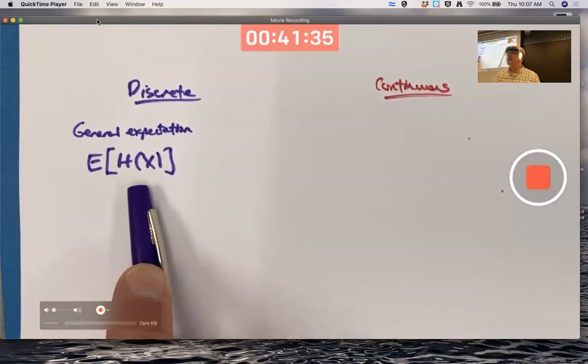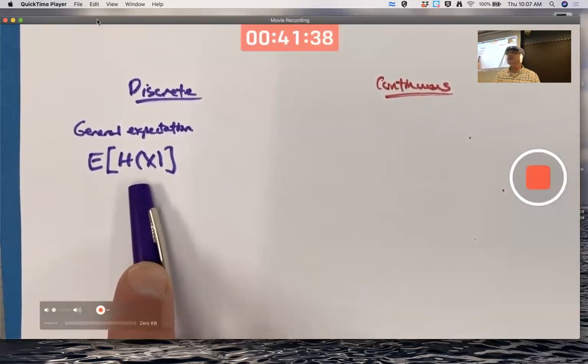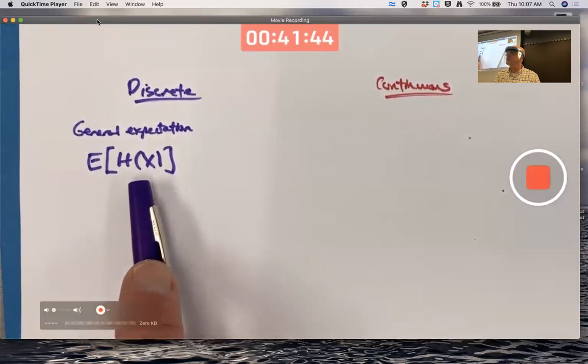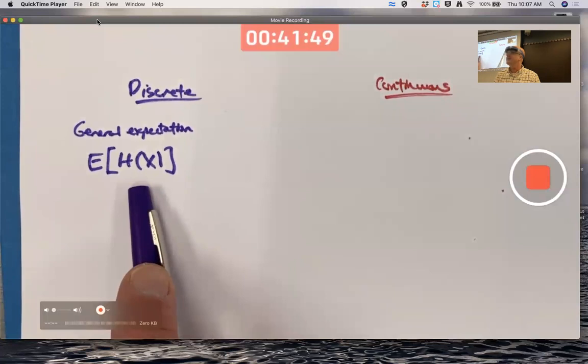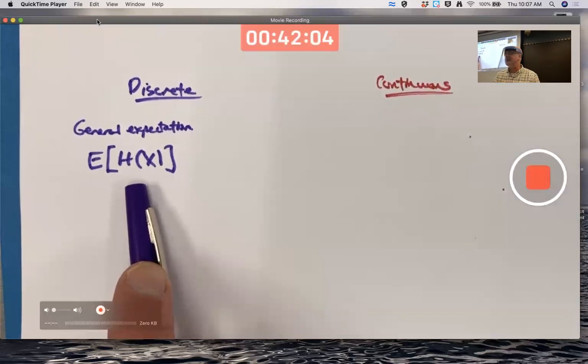Another common choice for h of x is e to the tx, where t is a real number. Remember what that was about? The initials are MGF, moment generating function. There are infinitely many things h of x can be, but those are the most common ones.